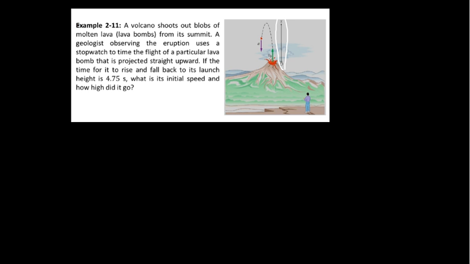It says that a geologist is observing the eruption and he's using a stopwatch to time the flight of a particular lava bomb that is projected straight upwards. So if I try to draw this situation more easily, I have a lava bomb, and it's giving me on the screen the axes.